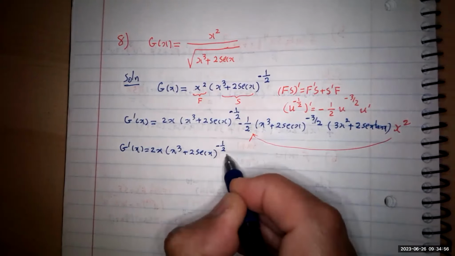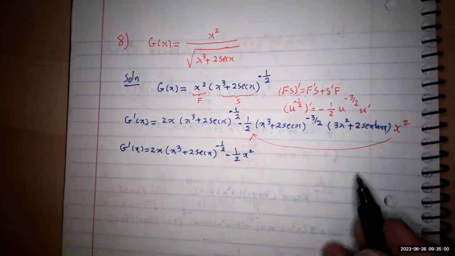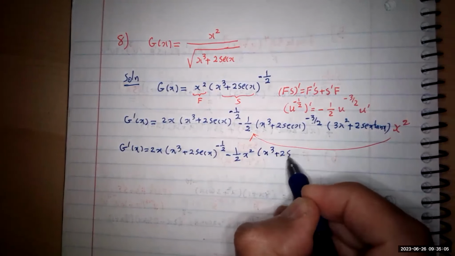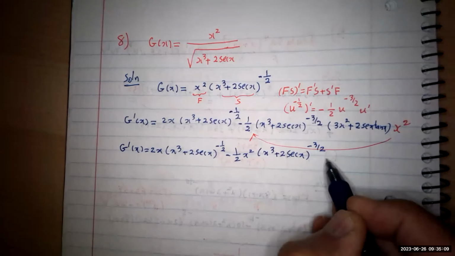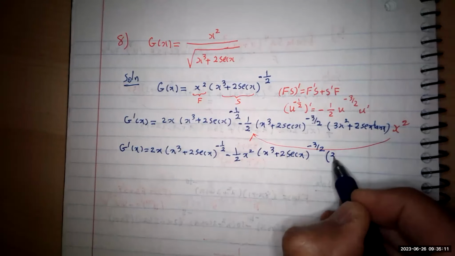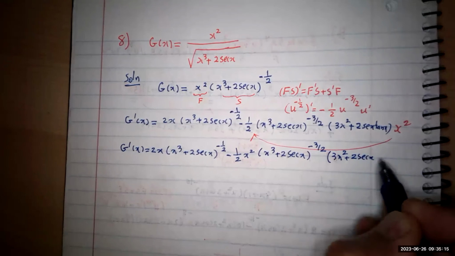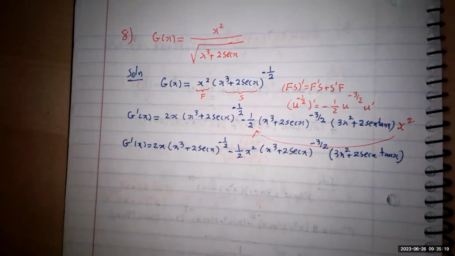Repeat everything, but it's going to be negative 1/2 x squared times (x cubed plus 2 secant of x) to the negative 3/2 times (3x squared plus 2 secant of x tangent of x), and then you're done.